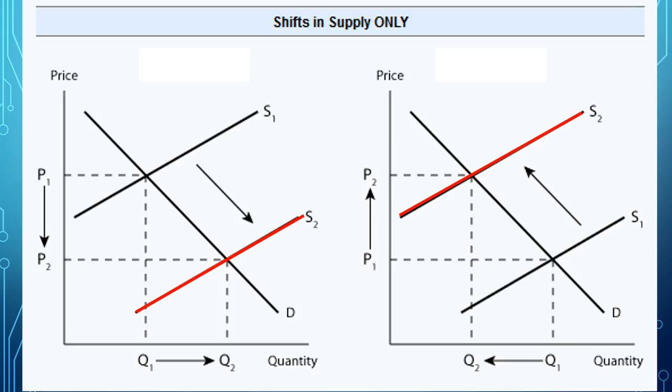If I have a shift in supply, you're going to see a new equilibrium as well. So let's take the left-hand graph again. Let's say that the University of Idaho comes up with a new fertilizer that allows producers to grow more potatoes per acre. Well, with a higher supply of potatoes in the market, what's going to happen? You're going to see a shift of supply from S1 to S2.